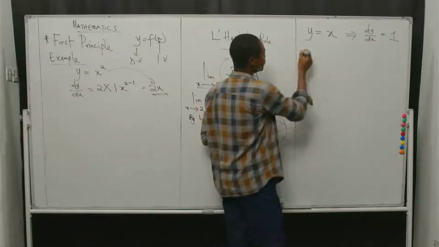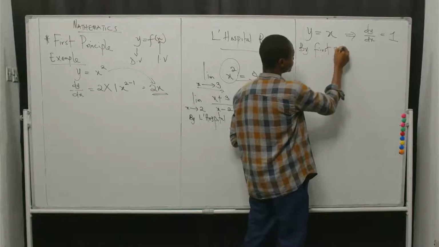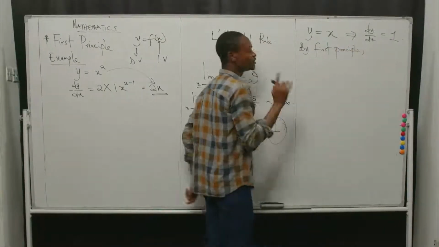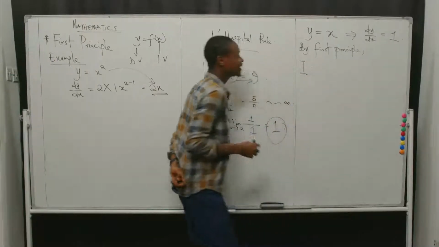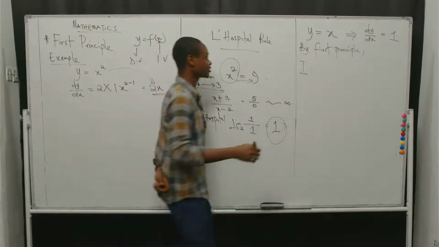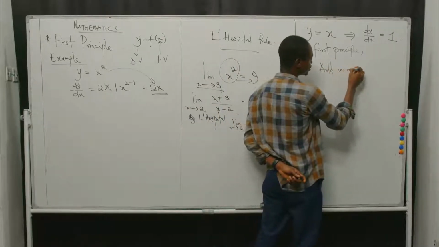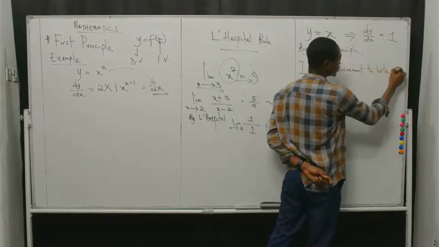Now, by first principle, let's see what exactly is going to happen. By first principle, the first step says add increments to both sides.